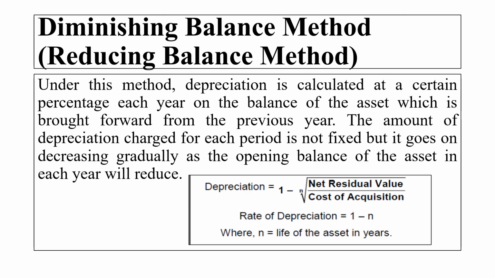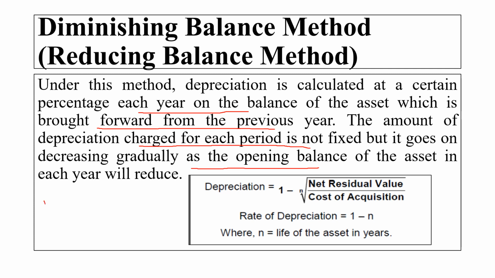Diminishing balance method, or reducing balance method. Under this method, depreciation is calculated at a certain percentage each year on the balance of the asset which is brought forward from the previous year. The amount of depreciation charge for each year is not fixed, but goes on decreasing gradually as the opening balance of the asset in each year reduces.